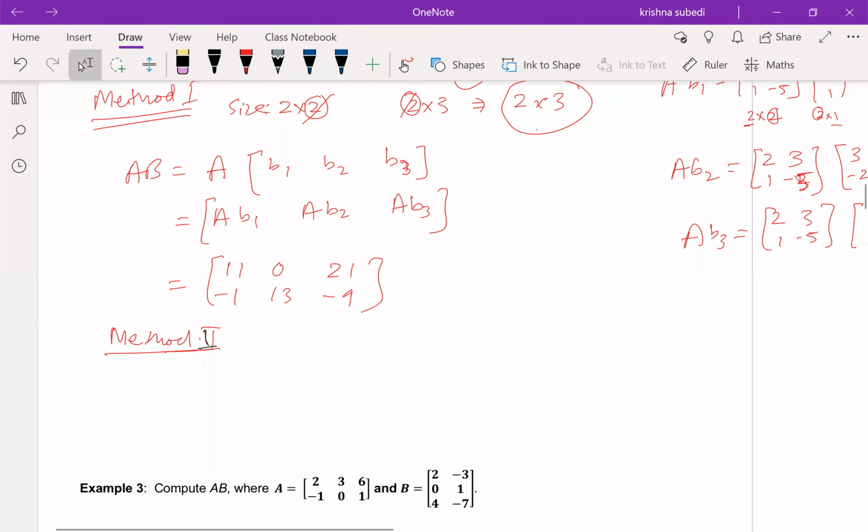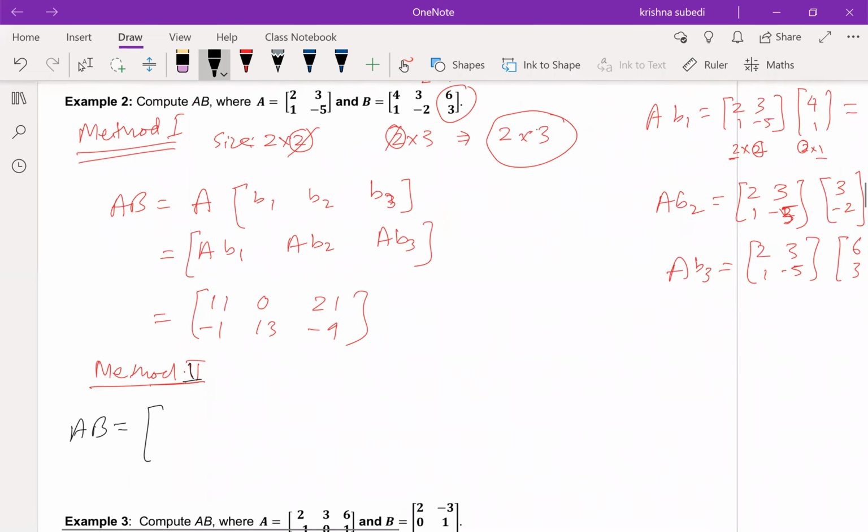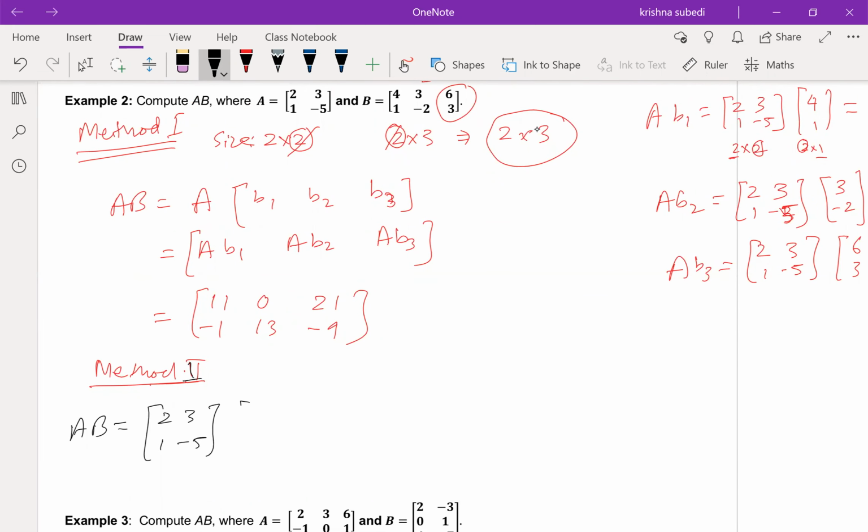So now the second method is, okay, A, B. I just write down A and B here, which is A is 2, 3, 1, negative 5. And B is 4, 3, 6, 1, minus 2, 3. And what we already know is that we take a row from this one and multiply with a column.